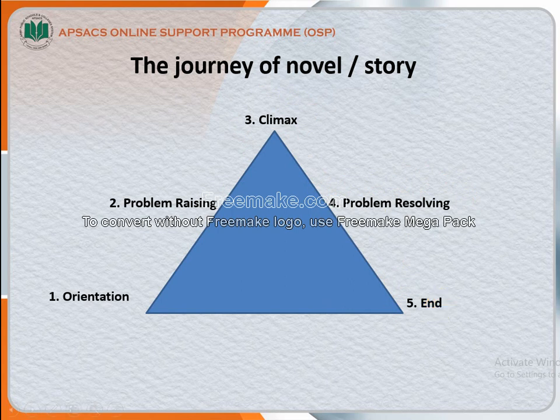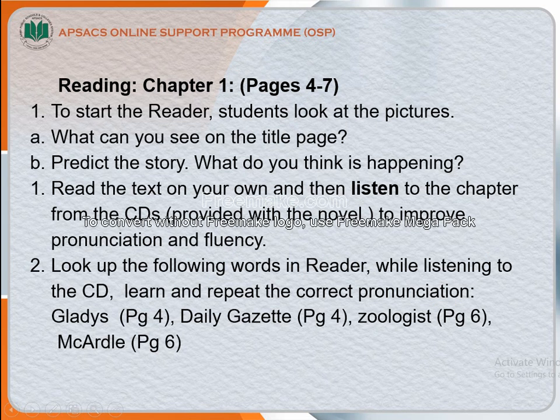Now come to the novel, what had happened in the story. You know that better. So come to the reading. Students, when you look at your reader, you can see the title page and some text and some pages. What can you see on the title page?